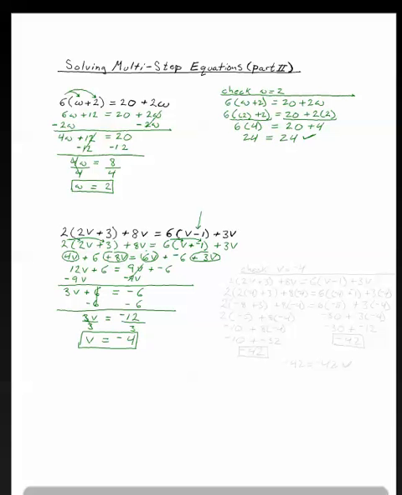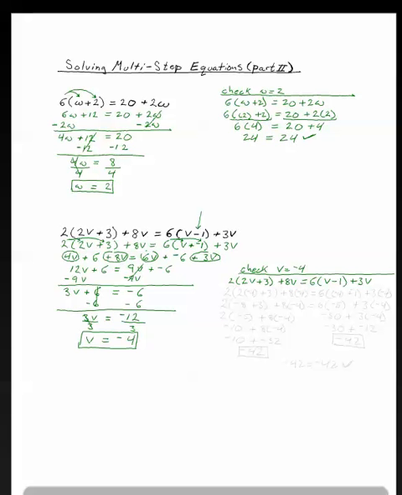Once again, we can check this, and this is where you'll really want your calculator, because I'm going to do it by hand, but it's a long process if you do it by hand. So we're going to check to make sure that our answer is v equals negative 4. Our original equation is 2 times 2v plus 3 plus 8v equals 6 times v minus 1 plus 3v.